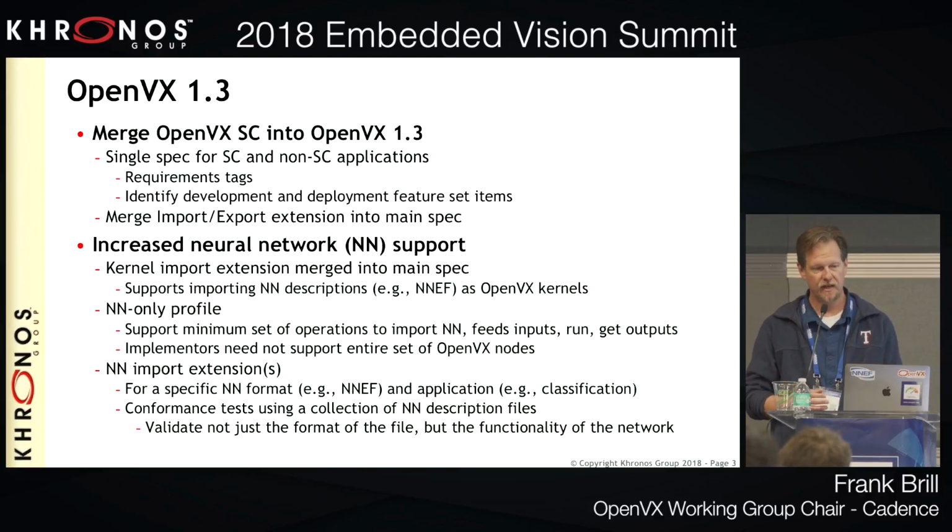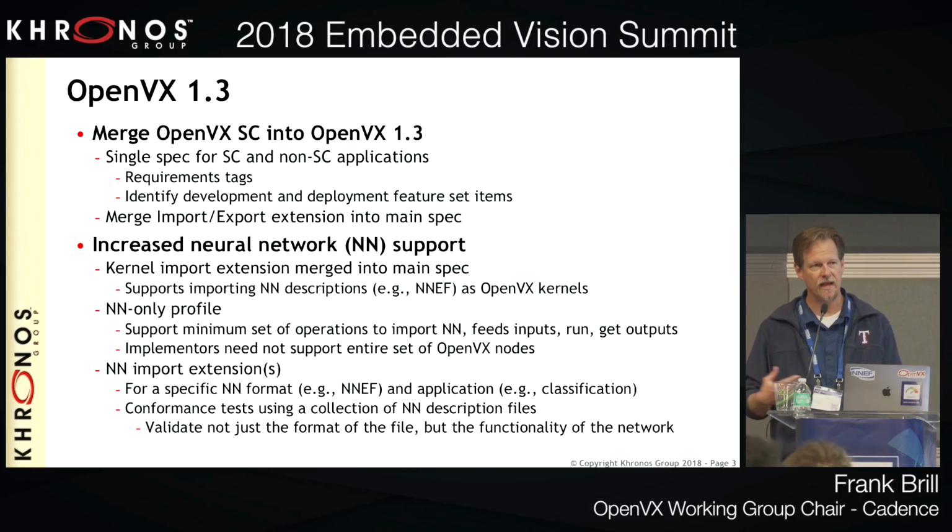So we could have an extension where, for specific network descriptions, such as NNEF or potentially others, we can import that description, feed it an input, and get an expected output within some tolerance. You could see a conformance suite for neural networks: for a certain subset, like classification networks, I'm going to show that I can import them, and not only that, but when I present the picture, I get the right answer.